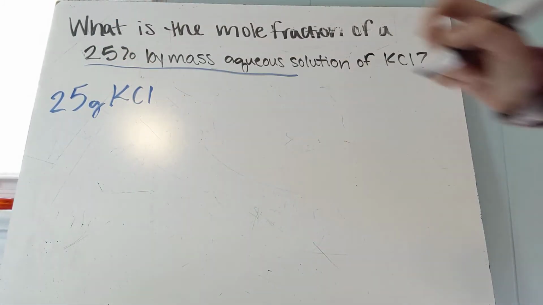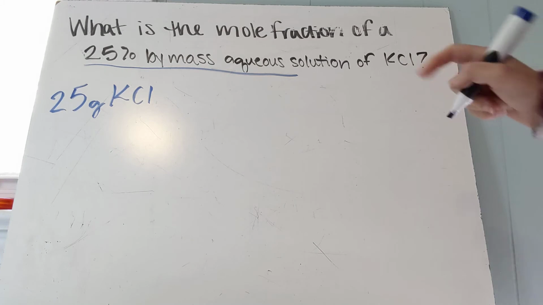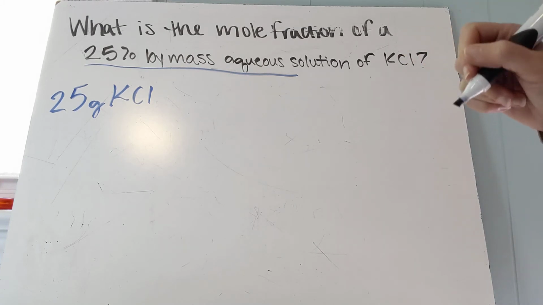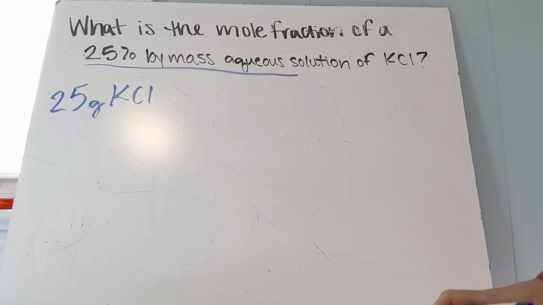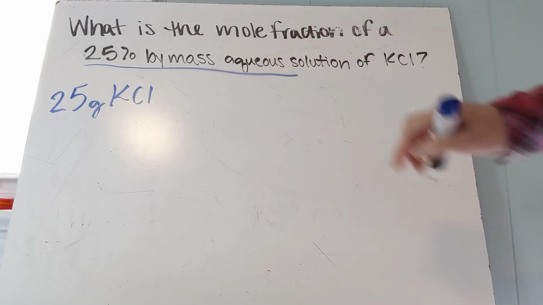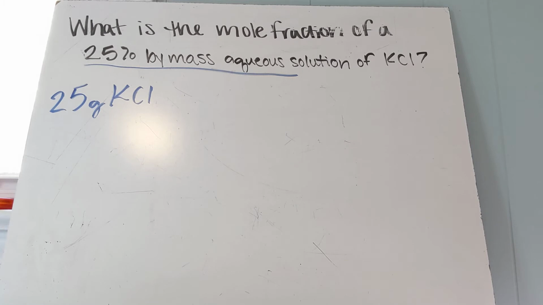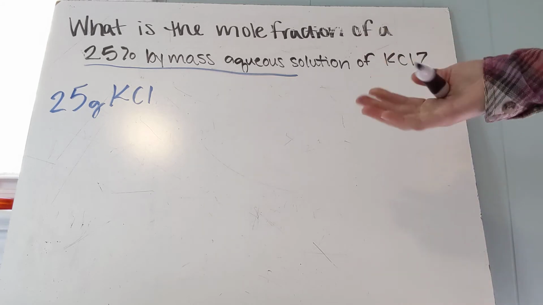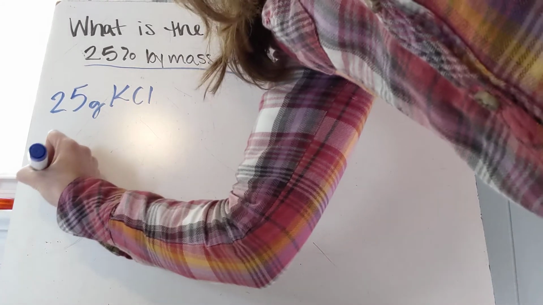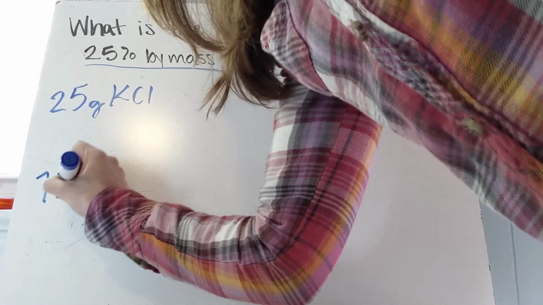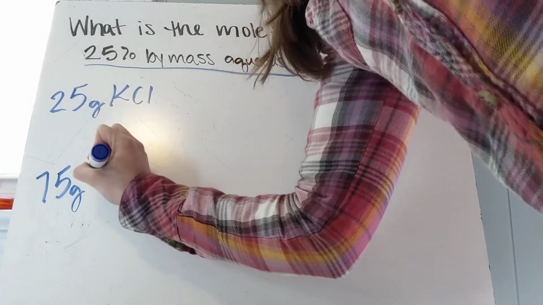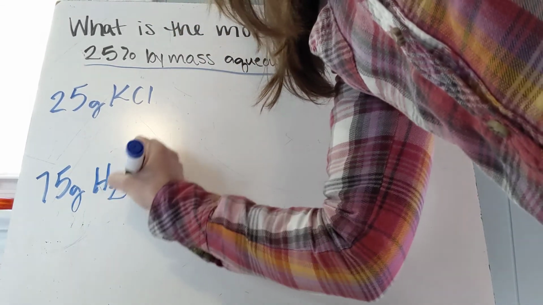If it's a 25% by mass solution of KCl, what is the rest of the solution? Well, it tells us it's an aqueous solution. If you remember, aqueous means that it's been dissolved in water. So, 75 grams is going to be water.